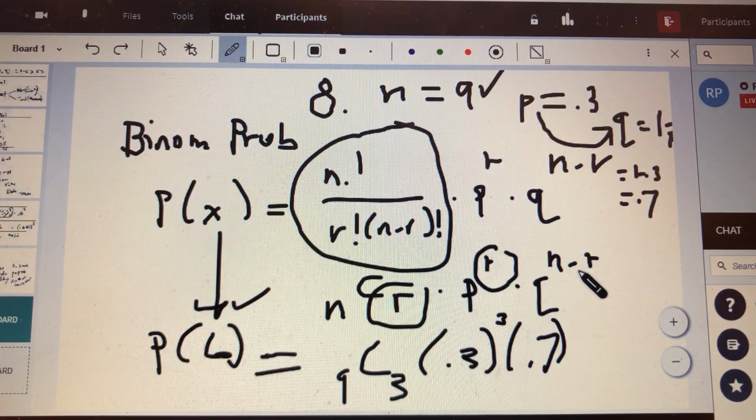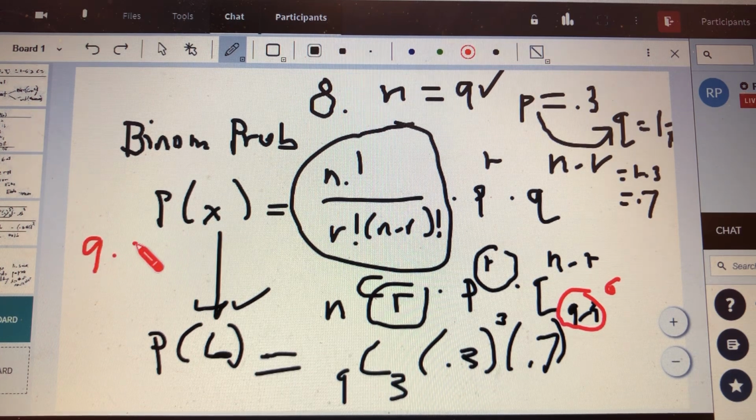And then you do n minus r, that's these two numbers right here, 9 minus 3. Hopefully you can do that in your head and say that's 6, or do it in the calculator first. So remember how to do a combination. 9 combination 3 means 9 times 8 times 7 over 3 times 2 times 1.